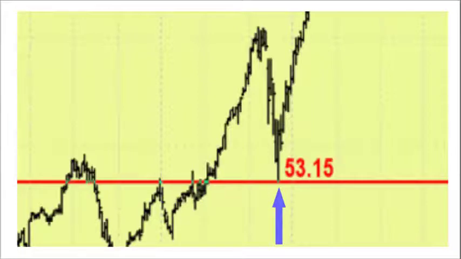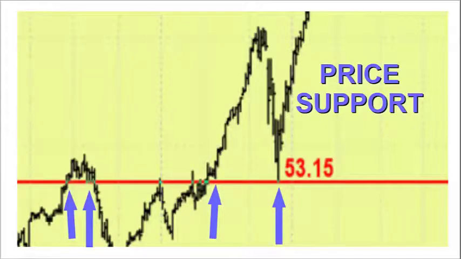And in this case we have an interesting situation because we actually had several points earlier on before the big run up in the price of the stock. It had briefly paused there and touched on that low at 53.15. It didn't look terribly important at that point, but once we saw the big move up and the swing back down and hit that same level of price support, that's when we begin to realize how critical that can become.